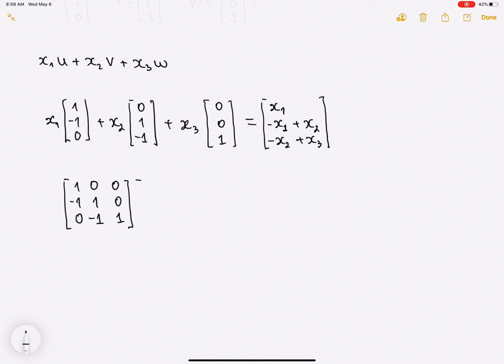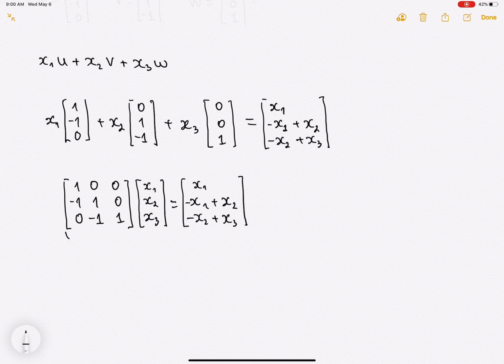I'm going to multiply that by a vector consisting of the numbers x1, x2, x3 to get the answer, which is x1, -x1 plus x2, -x2 plus x3. We denote the matrix here by A.